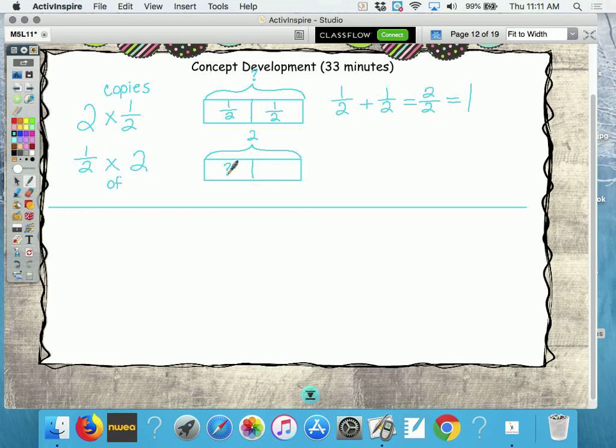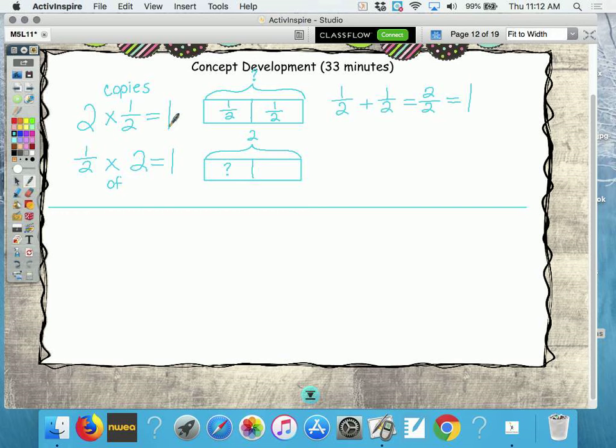If I'm going to rewrite this, there's really no other way I would rewrite it. I'm just going to think 1/2 of 2 is 1 whole. On this one, I can rewrite it or think about it as repeated addition, couldn't I? So the answer is going to be 1 on both of those. They're the exact same problem, just written differently and drawn differently.